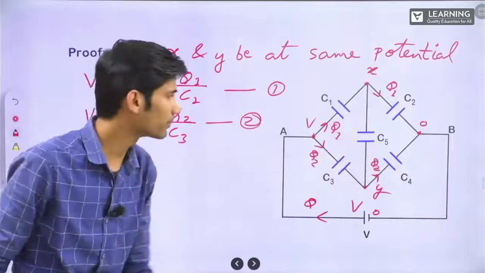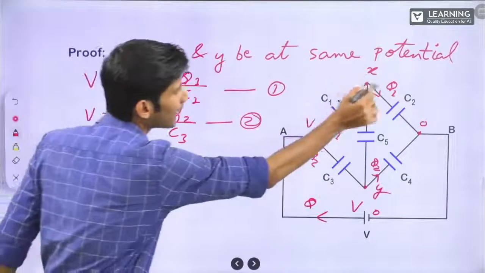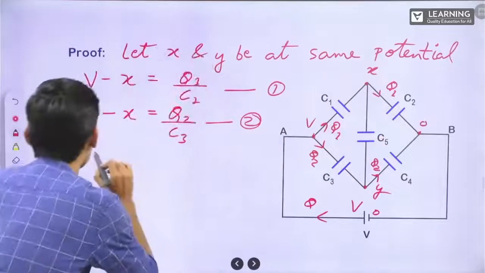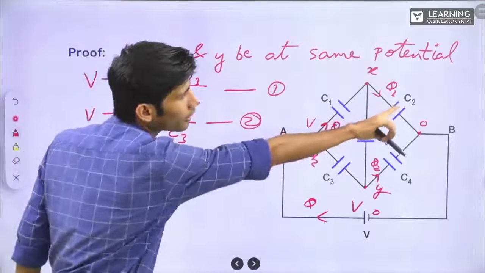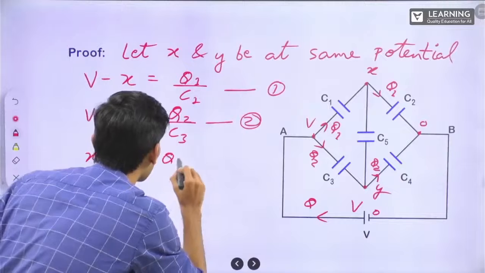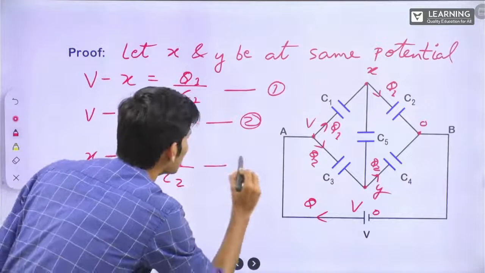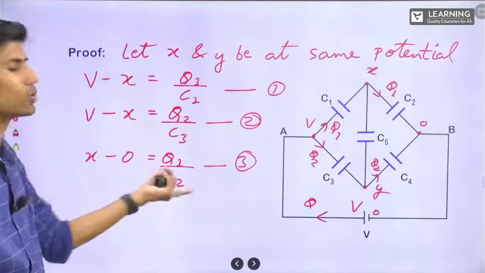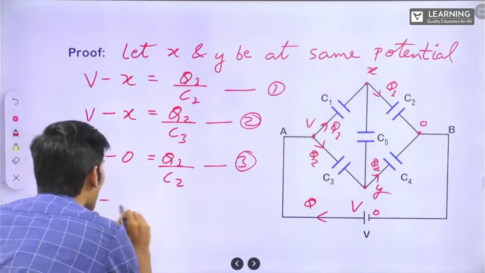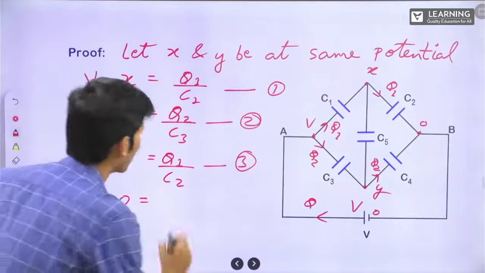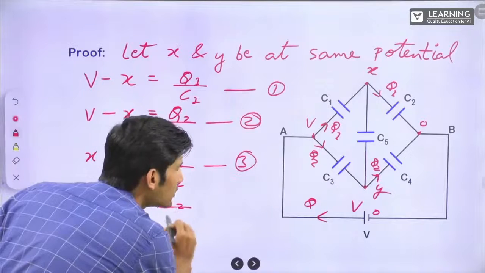Both are at the same potential; the value of potential is the same. Now from here, X minus 0 is equal to Q1 by C2. Third equation. That means X is equal to Q1 by C2. From here, Y minus 0 is equal to Q2 by C4.